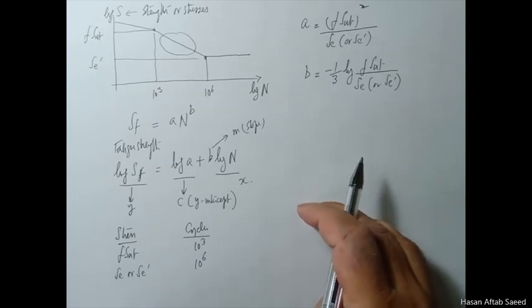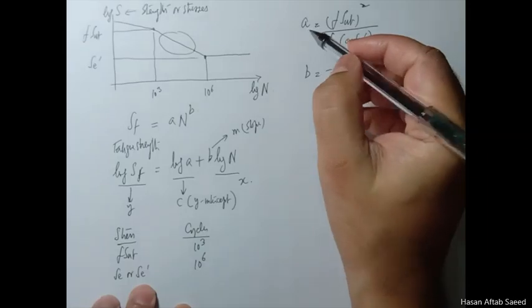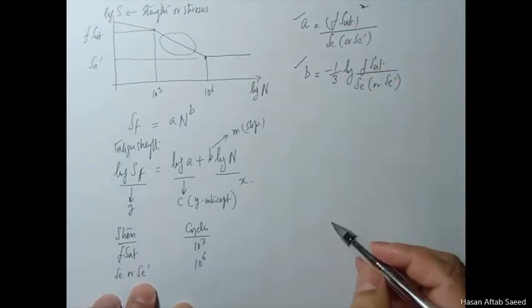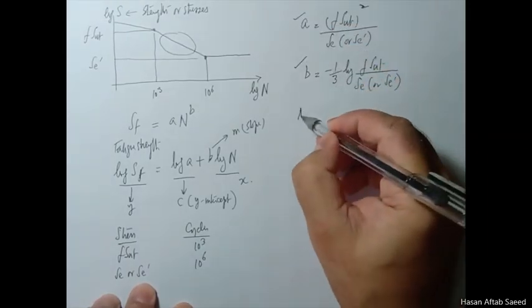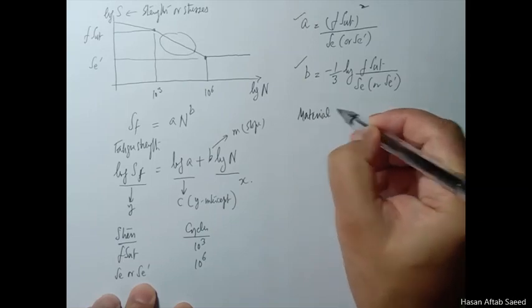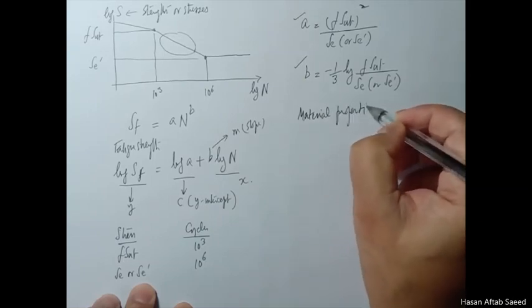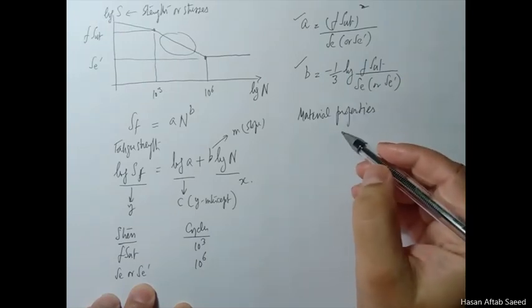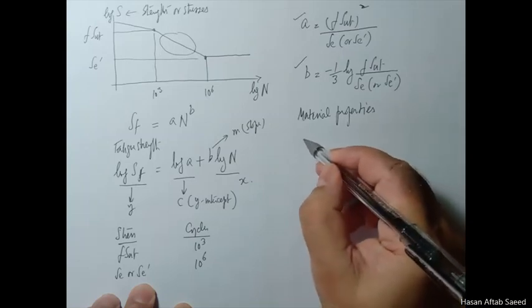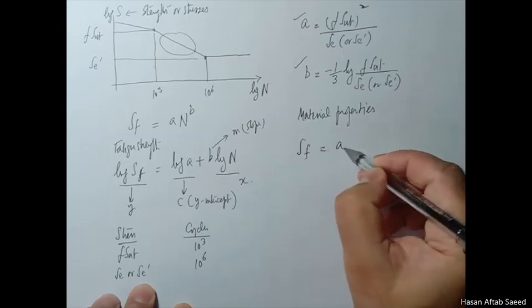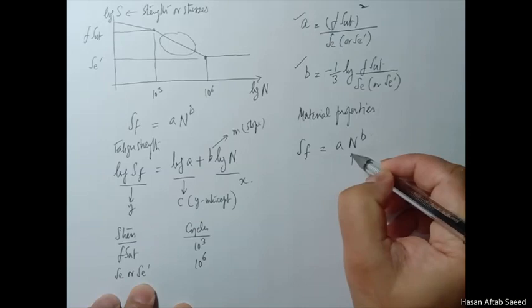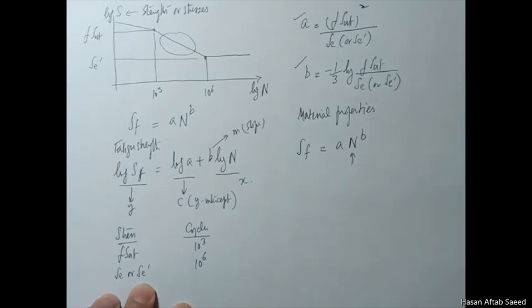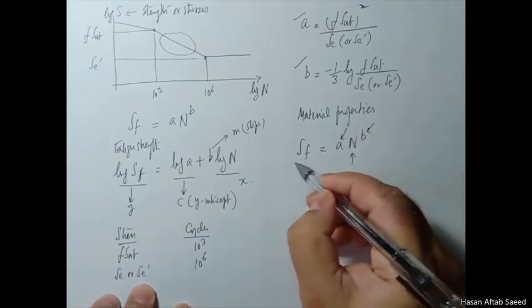So once you know, obviously this a and b will be different for different materials. So these are material properties. These depend upon materials. And once you know a and b, then if you want to find how much the fatigue strength is for a certain number of cycles for that material, you just plug in the values of a and b and you get this.